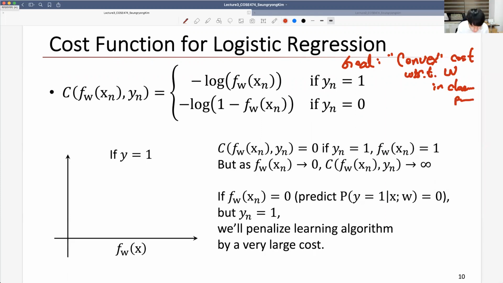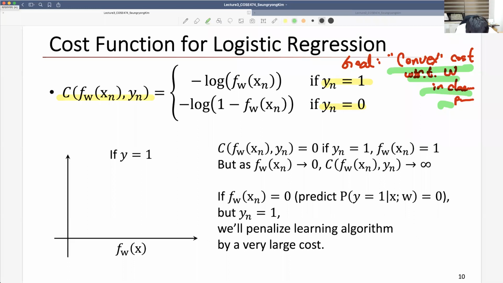Particularly, we have very beautiful mathematical tools to define something like this. The cost of the logistic regression can be separately defined for yn equal to 1 and yn equal to 0. Before defining it, let's think about the desirable shape of the logistic regression cost.